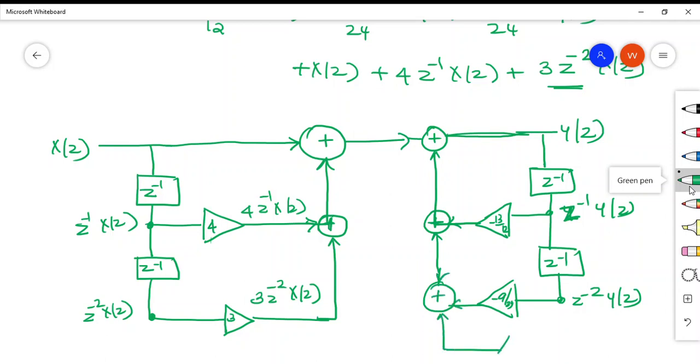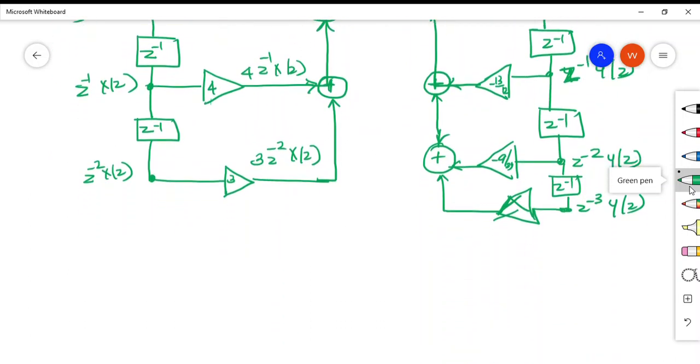Now this has z raised to minus 3 y of z, and the coefficient is minus 1 by 24. And here you have minus 1 by 24 z raised to minus 3 y of z.